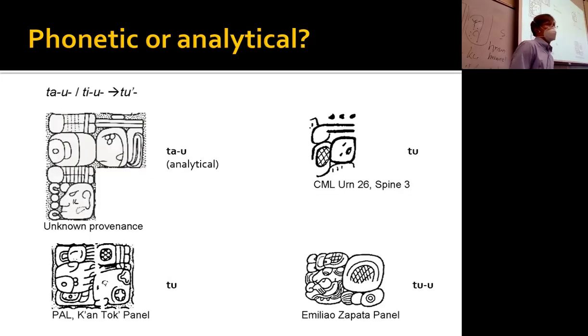This is a great example. So in nearly all Mayan languages, when two vowels meet, one of them has to go. Very much like French liaison. So if you have a preposition that ends in a vowel, and you have to attach it to a word that begins with a vowel, one of these vowels will go. And the surviving vowel gets a glottal stop that basically tells you there used to be a vowel here, not anymore.